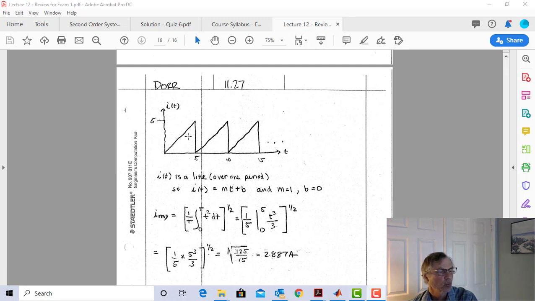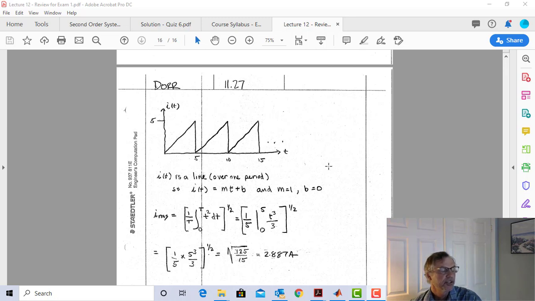So over one period, I of t is just a line. And a line has an equation m times t plus b. And of course, m equals 1, b equals 0. So here, the equation for the line is just I of t is equal to t.